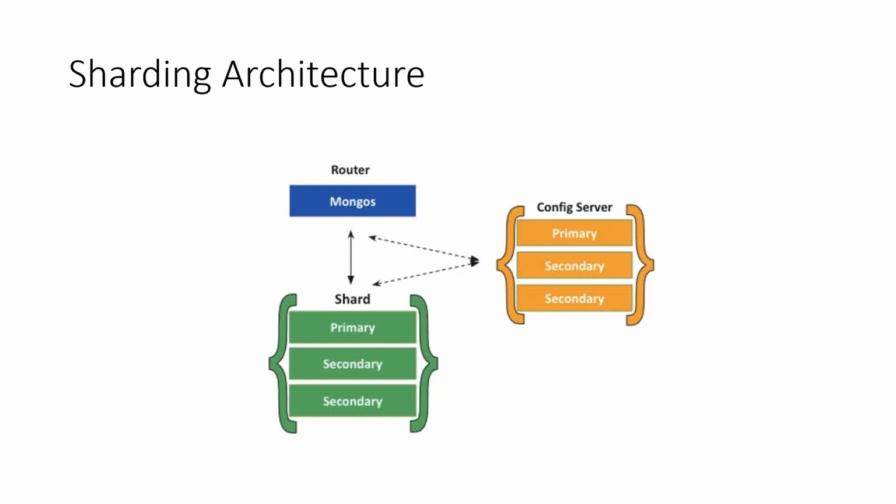And then we start what we call the configuration servers. In our example, we create 3 servers. And then we also create what we call the shards. Right. And then the data will be here.